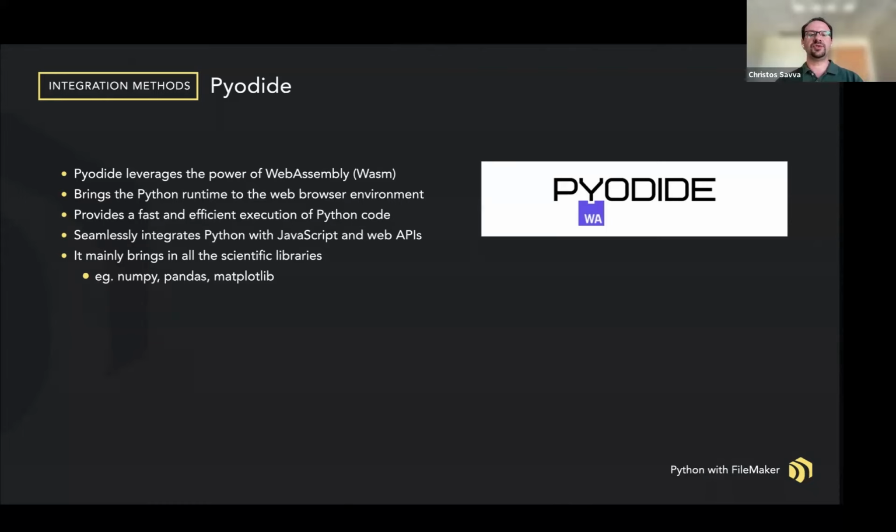So you can have access to all the scientific libraries, for example NumPy, Pandas, and Matplotlib, which are the most popular ones in the data science world, especially whenever you have to do with analytics.